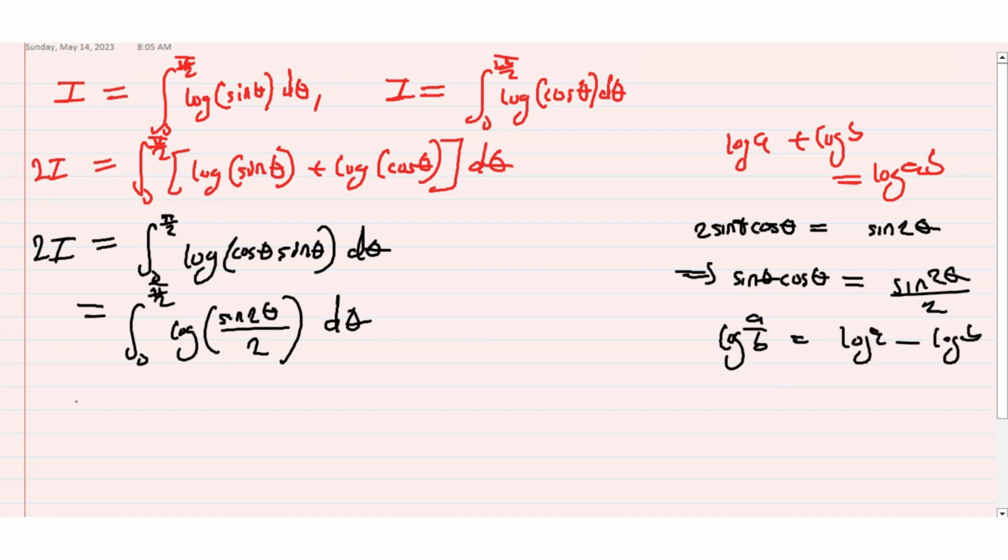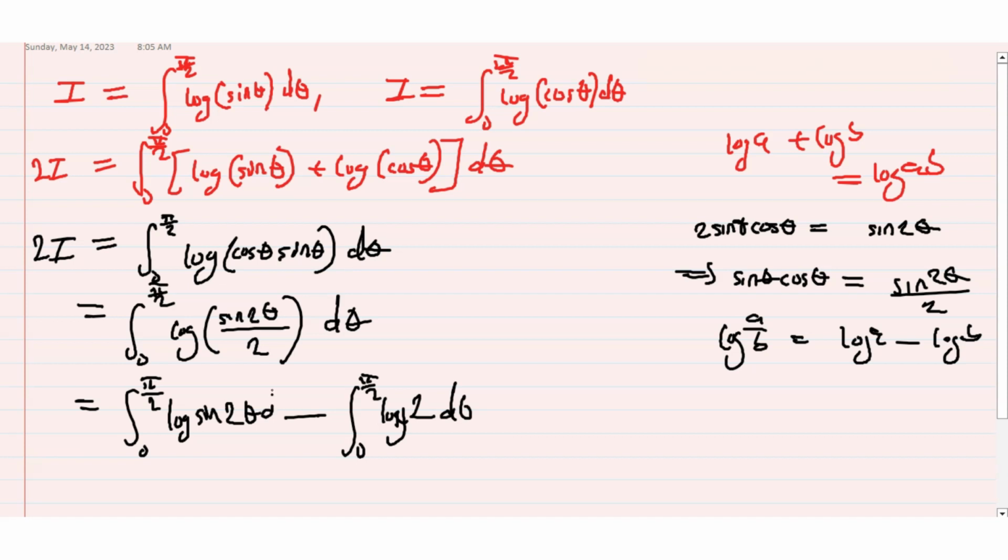So over here we're going to have the integral from 0 to pi over 2 of the logarithm of sine of 2 theta, minus the integral from 0 to pi over 2 of the logarithm of what? The logarithm of 2, d theta. Now notice here that for this second case, this is just equal to pi over 2 log 2.